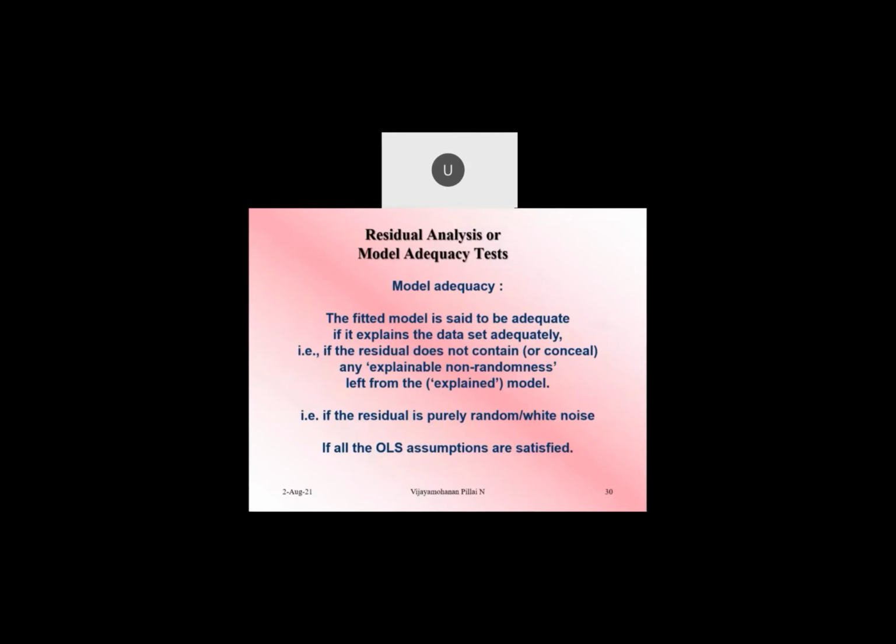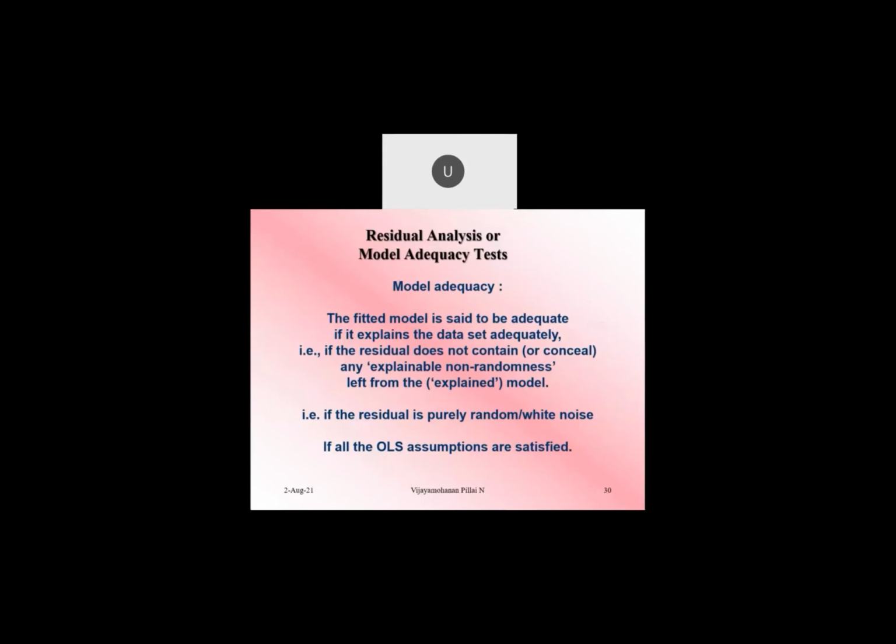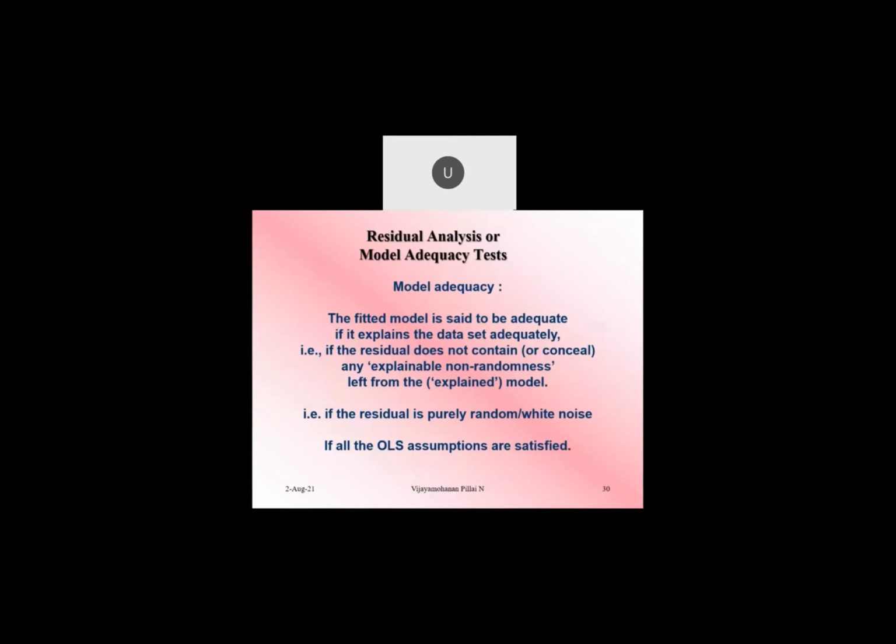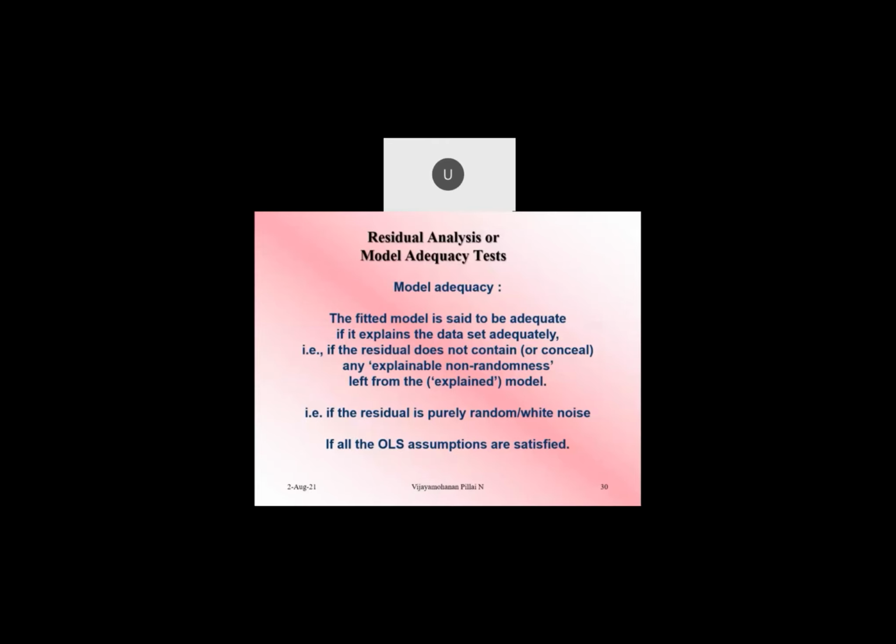Telling this is equivalent to telling that the residual, that is the residual we are getting from subtracting the fitted model from the actual information, does not contain or conceal any explainable non-randomness left from the explained model, then our model is adequate. Now, what is this explainable non-randomness?